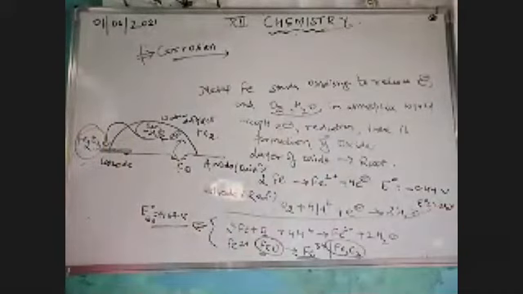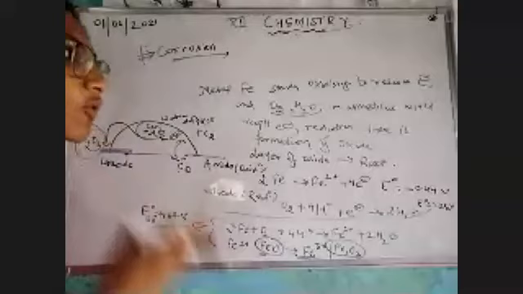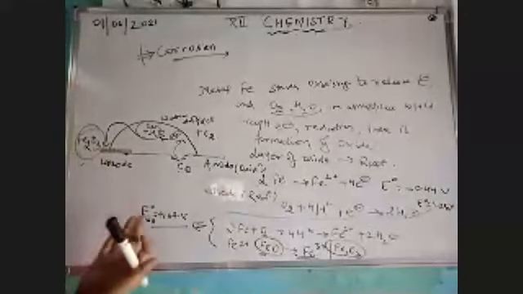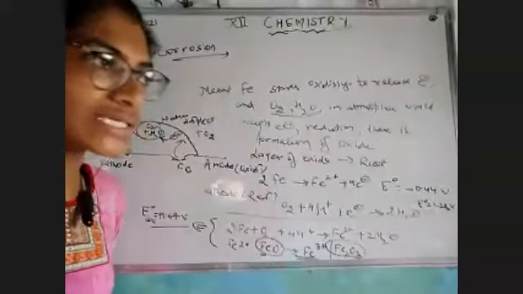Now we have seen how corrosion is related to electrochemistry, because in corrosion, in the rusting, my metal is behaving as both reduction and oxidation. One spot is behaving like an anode and the other spot is behaving like a cathode. But keep remembering in your mind, always the metal is getting oxidized.